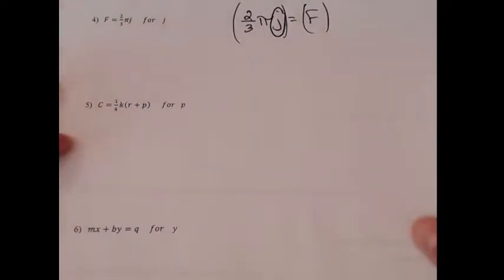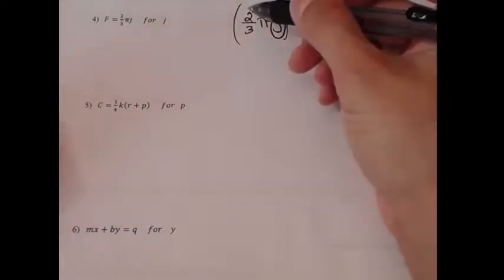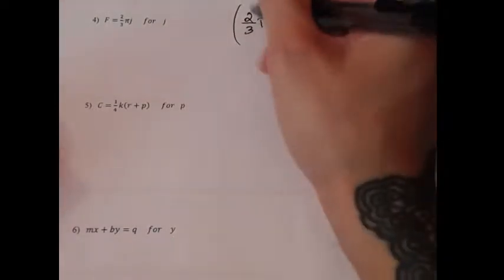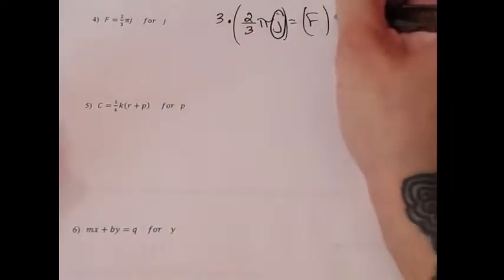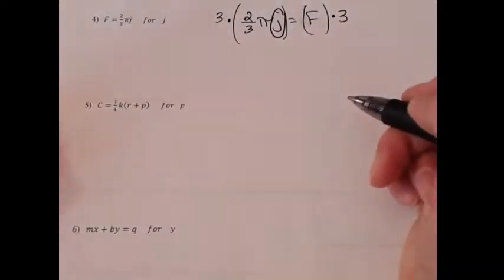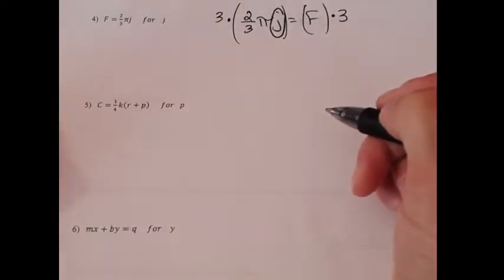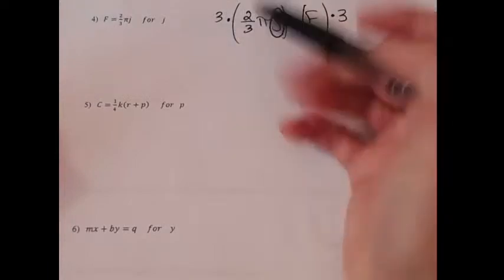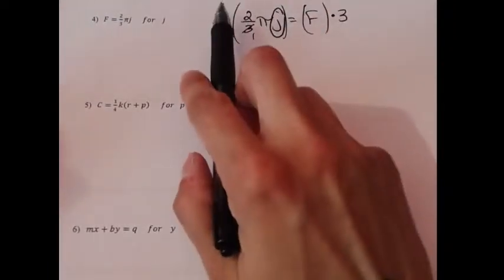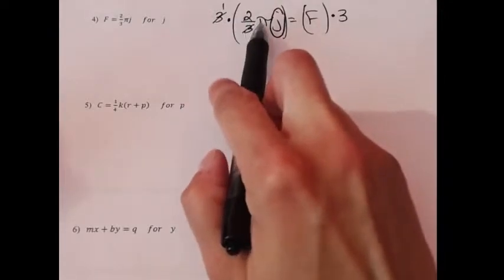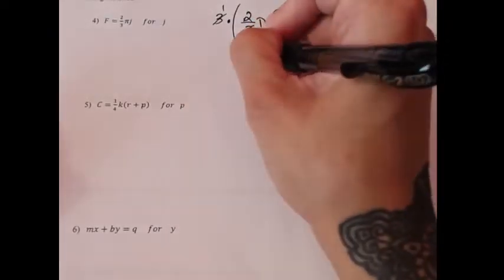Because we have 2 terms here and we are dividing by 3, let's do the opposite by multiplying by 3. When we multiply by 3 on both sides, notice numerator, denominator, 3 into 3 is 1. That leaves us with 1 times 2 times pi times j.